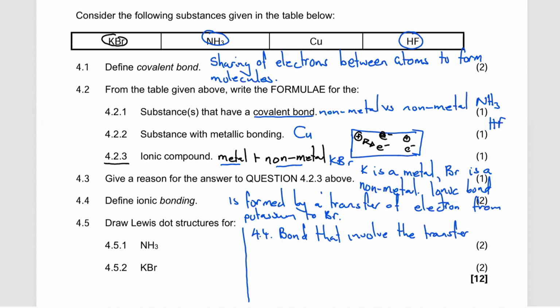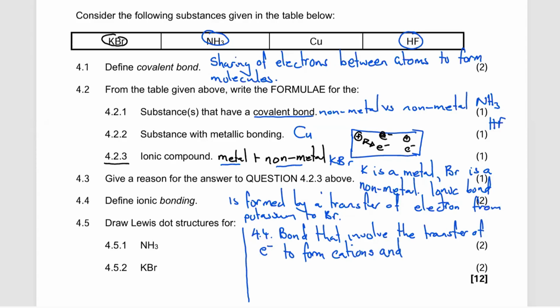I'll write e negative for electrons, to form cations. Remember at the top there we spoke about our cations and our anions, right?